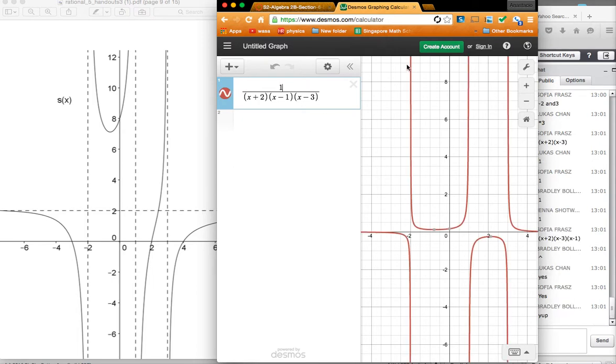And I didn't actually put this thing in there yet. I just put a 1 up there just so that it doesn't give me a blank graph. So now this is an actual equation. But you can see even in this graph, the vertical asymptotes are exactly where we want them to be, at -2, 1, and 3.